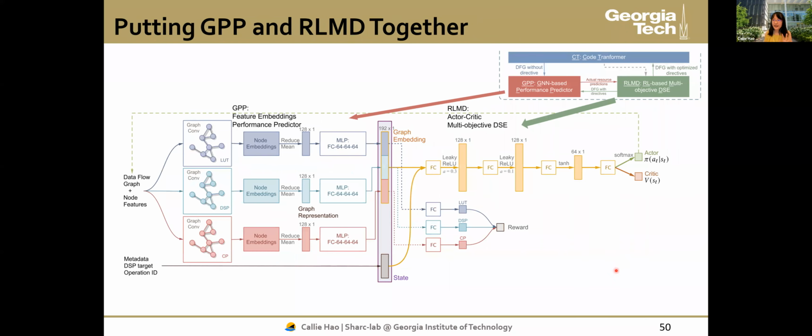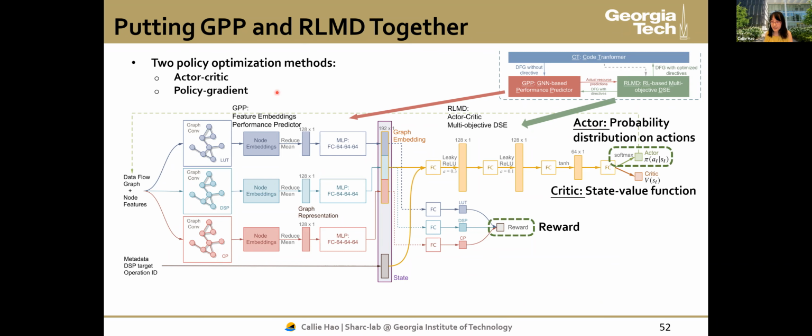So this is putting everything together. This part is the graph neural network-based predictor, and this part is the reinforcement learning. In this case, we are exploring 2 policy optimization methods. The first is actor-critic, the second is policy gradient. For the RL architecture, this part is the actor, which outputs the probability distribution of actions, and this part is the critic, the state value function.